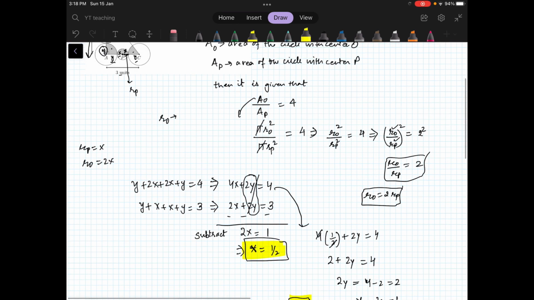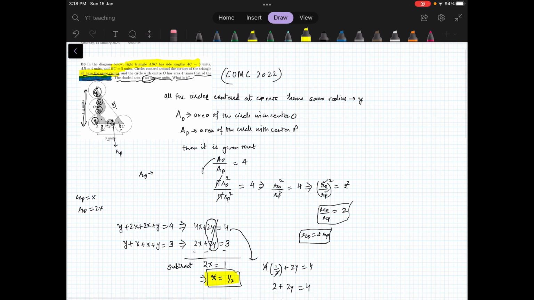Now this is the information I have. Now I want to find out the area of the shaded region, right? So I have this. Now if you look at the area of the shaded region, you see this circle here, its radius is 2x.